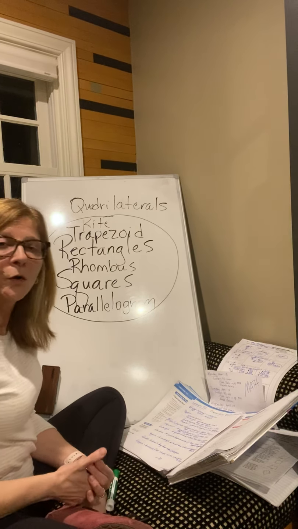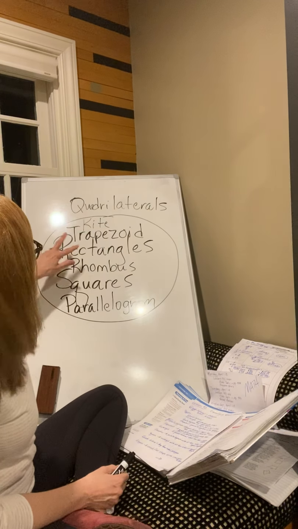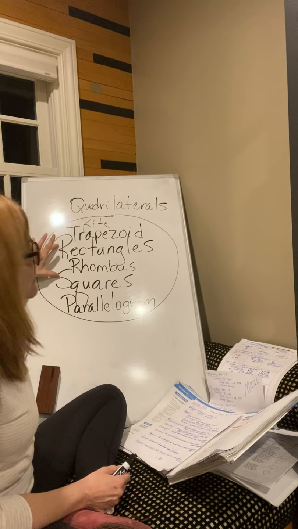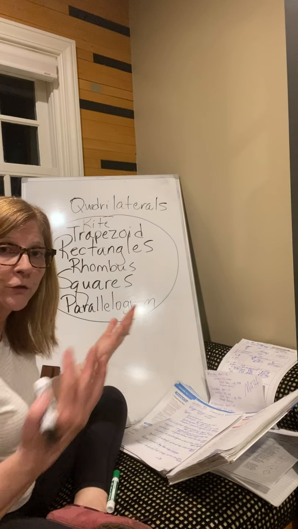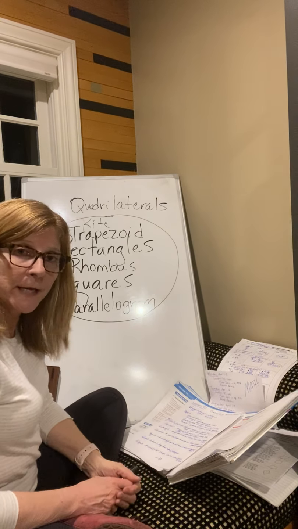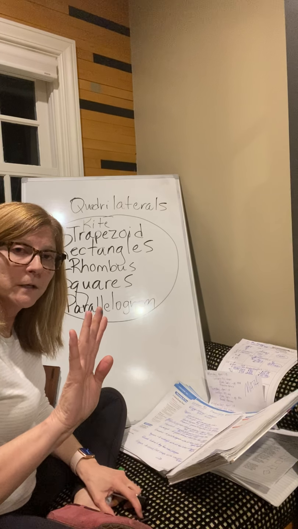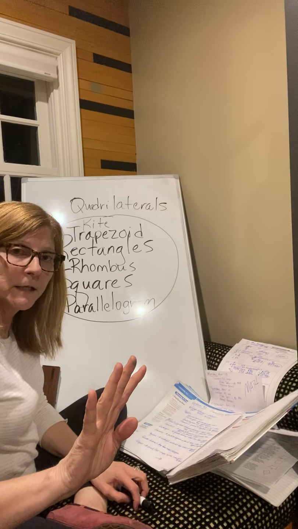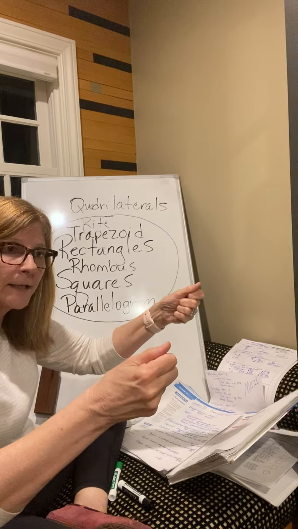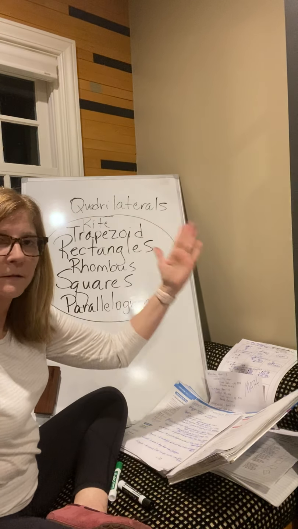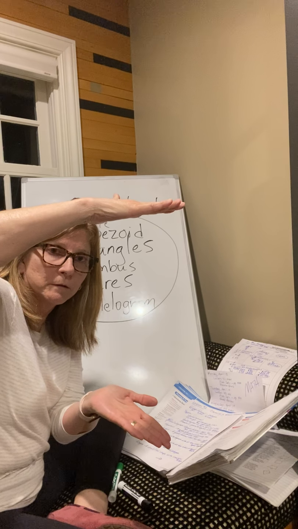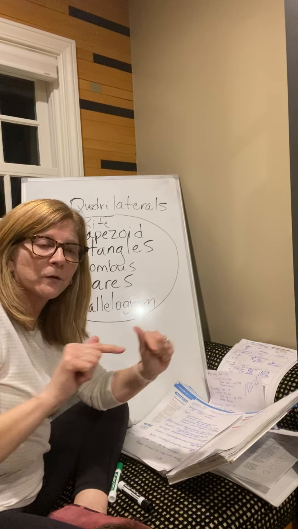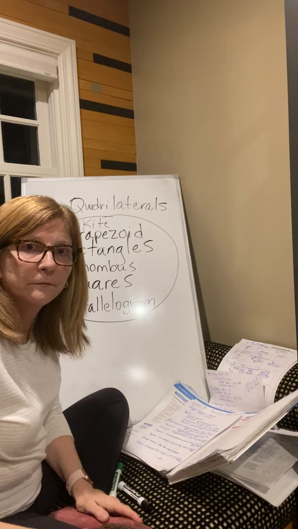Now they are all quadrilaterals, but we know, like when we talk about rectangles and squares, they have something that makes them different, and that's why there's 2 different names. A rectangle has 4 straight sides with 2 sets of parallel lines. These are parallel and these are parallel. And it has 4 right angles. That's a rectangle.